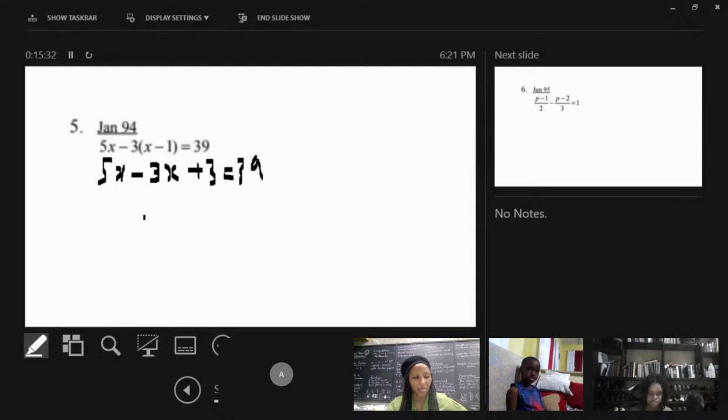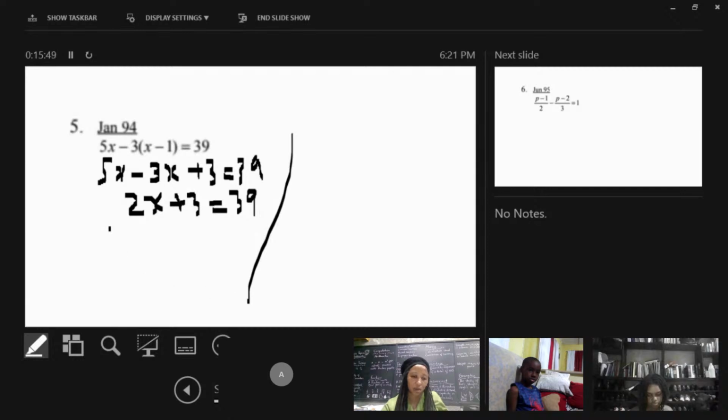Okay, Miss, that's 2x. So 2x is equal to 39. Okay, so what do we do now? Miss will bring over the 3. All right, so 2x is equal to 39 minus 3, so that's 36. 2x is equal to 36.